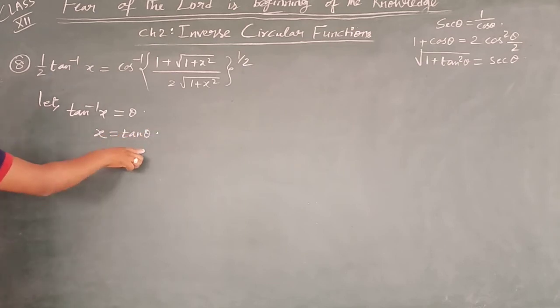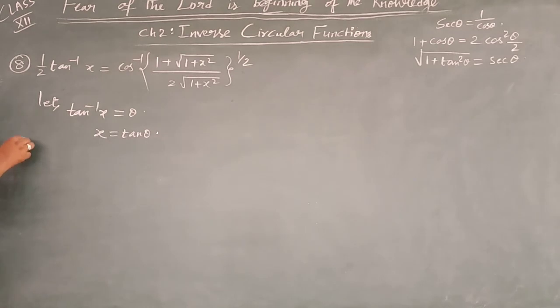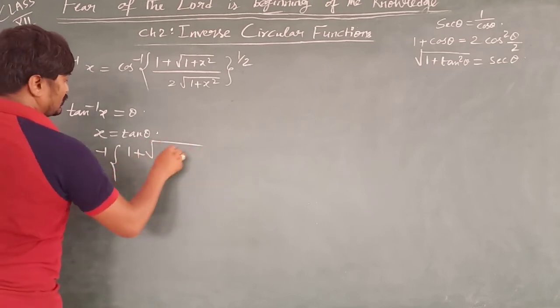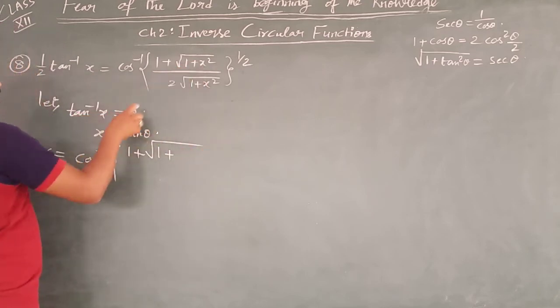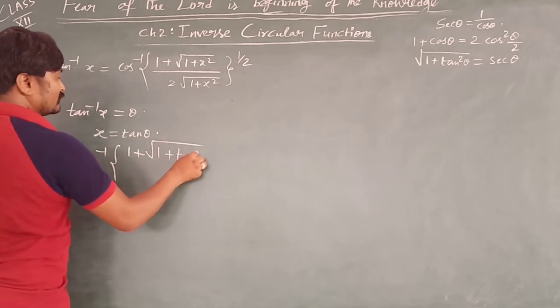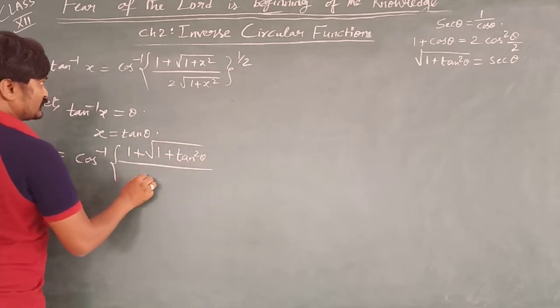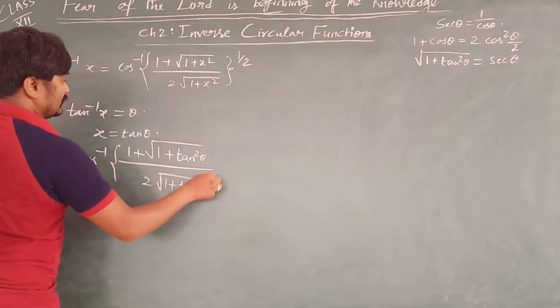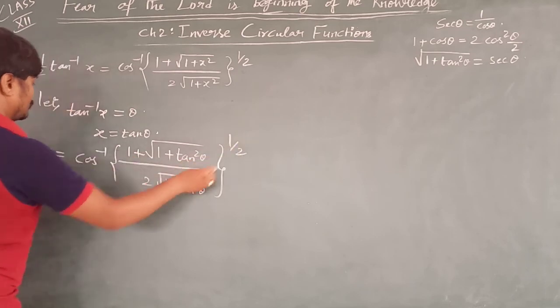Put x is equal to tan theta in this RHS, to the power of 1 upon 2.